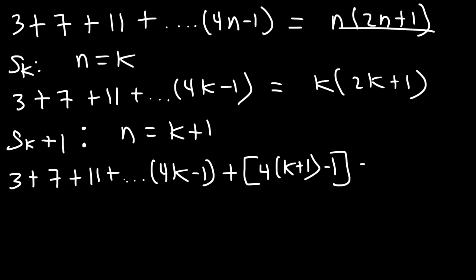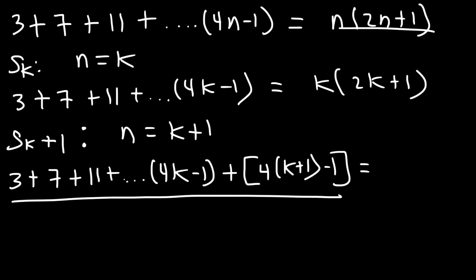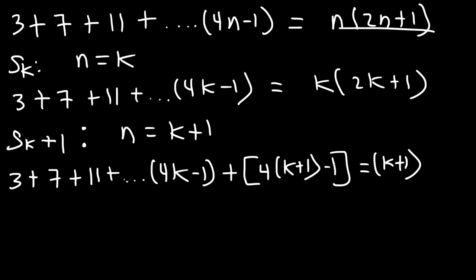That's going to be the next term. Now on the right, this entire sum should equal this expression if we replace k with k plus 1. So everywhere you see a k, replace it with k plus 1. So it's going to be k plus 1 times 2 times k plus 1, and then plus 1. I'm running out of space there.